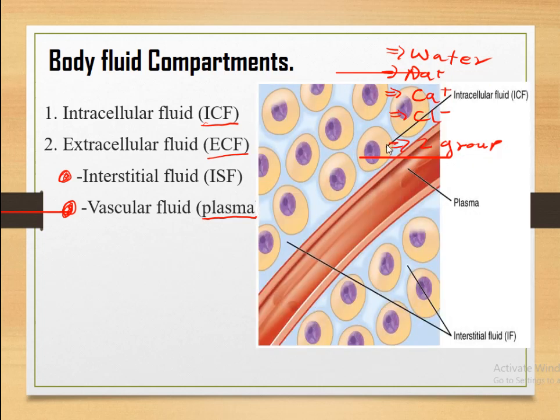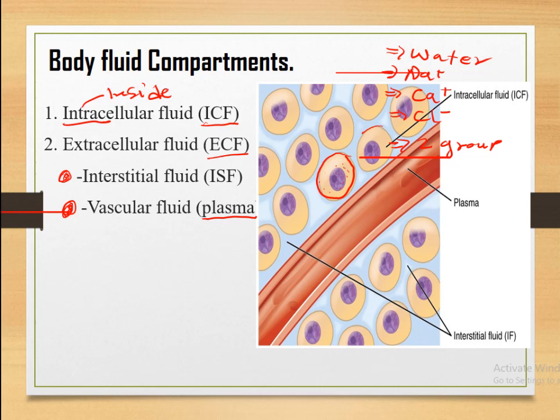Let's say this is a cell, any cell we can think of. The inside part of the cell forms the intracellular fluid. The word intra simply tells you inside the cell.